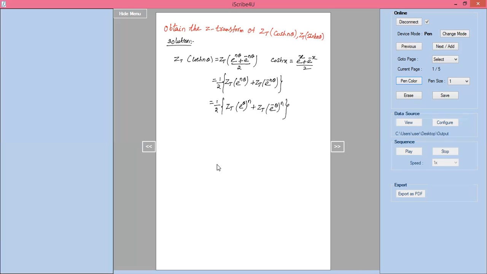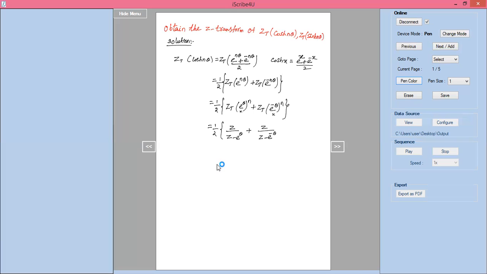Z transform of k power n is in the form of k power n; just take this as k, and this is also k. The Z transform of k power n is Z by Z minus k. We'll use that: Z by Z minus e power theta plus Z by Z minus e power minus theta.